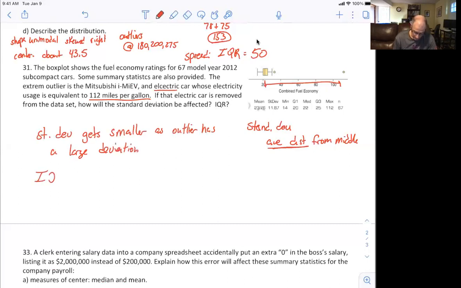Now, because I removed this piece, more than likely my positions don't change a ton. So we're talking about my interquartile range here, and that should stay the same.